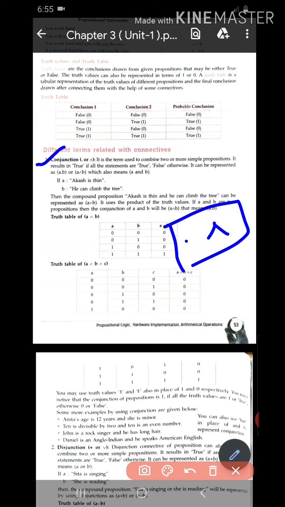We can also write it in this form A.B, or A cap B.